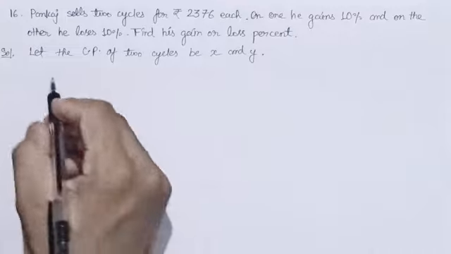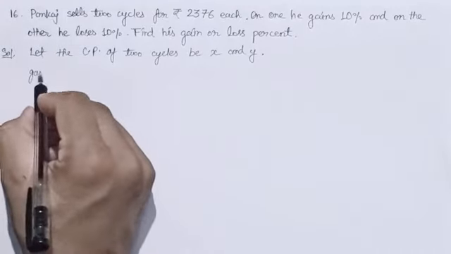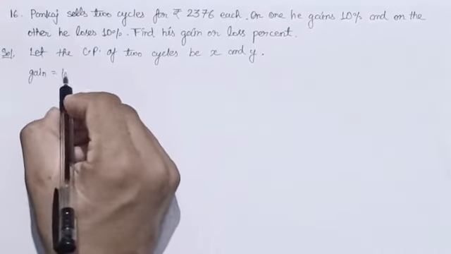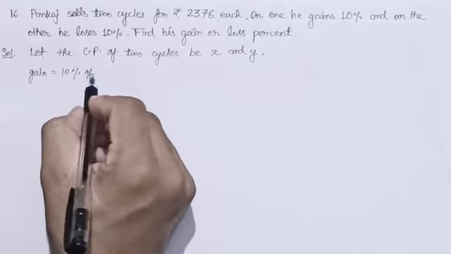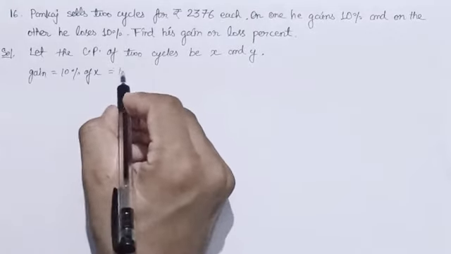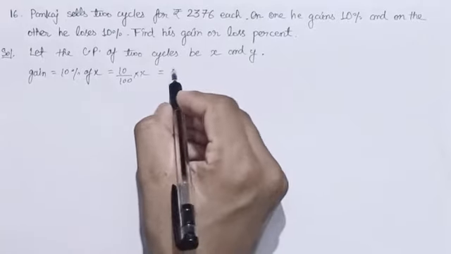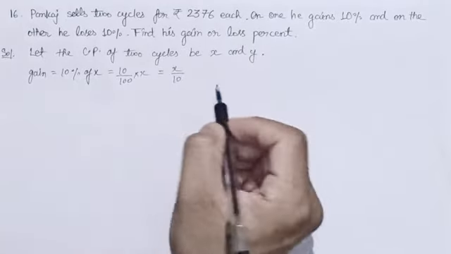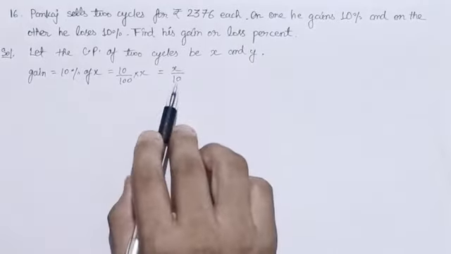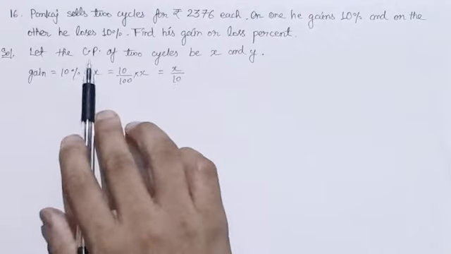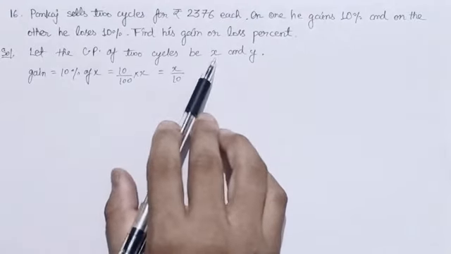So gain is equal to 10% of X. It is equal to 10 by 100 into X. So it is equal to X by 10. So there is a gain of X by 10 on selling the cycle whose cost price is X.